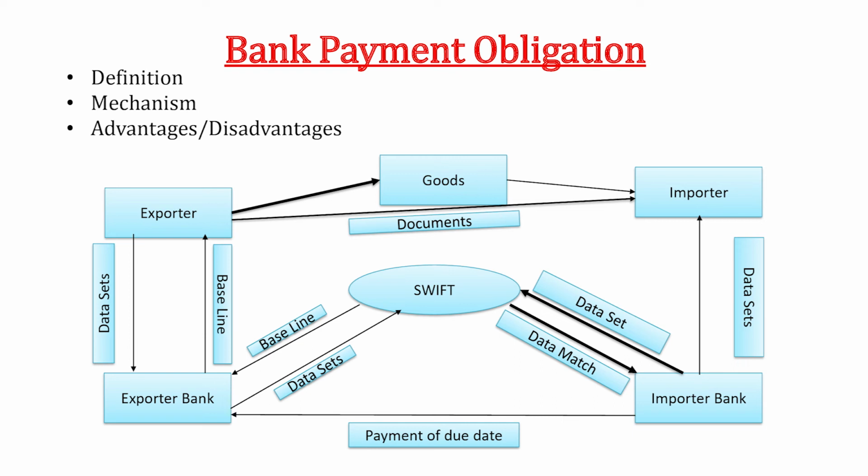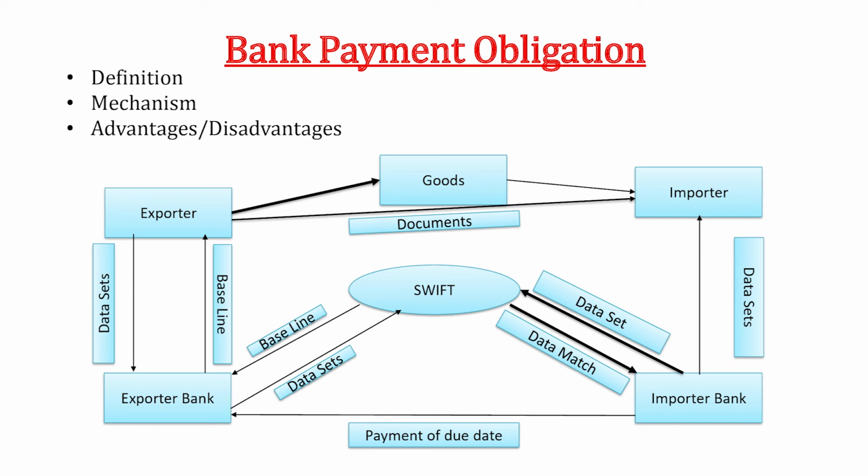Instead of opening a letter of credit, the bank will use the bank payment obligation system, and friends, they will open a baseline. Baseline is nothing but the data set required by the importer, which he feels that if he gets those data sets, it means the importer is getting goods of his requirement.